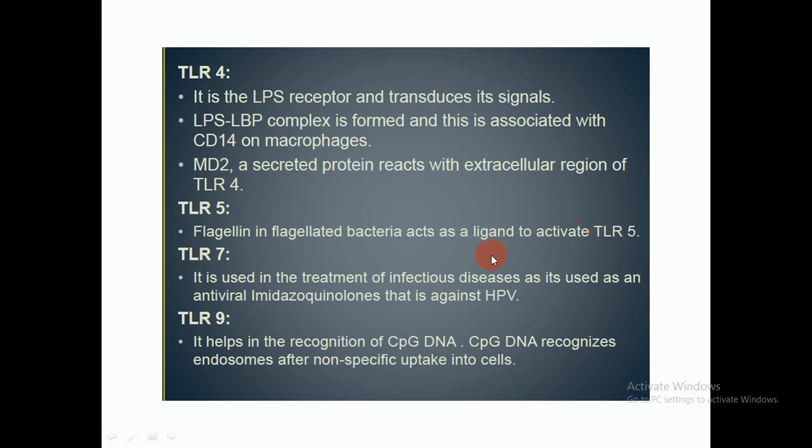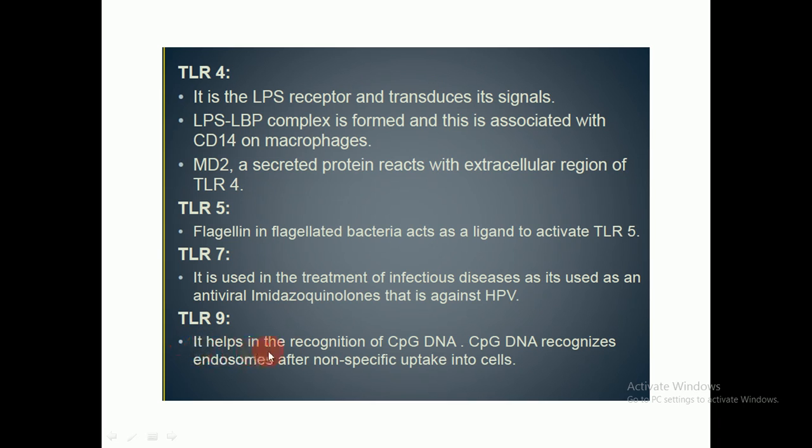Here are the types of toll-like receptors and the components of the pathogen that bind to them. And toll-like receptor 7 is used in the treatment of infectious disease and acts as an antiviral, with imidazoquinolones against the human papilloma virus.